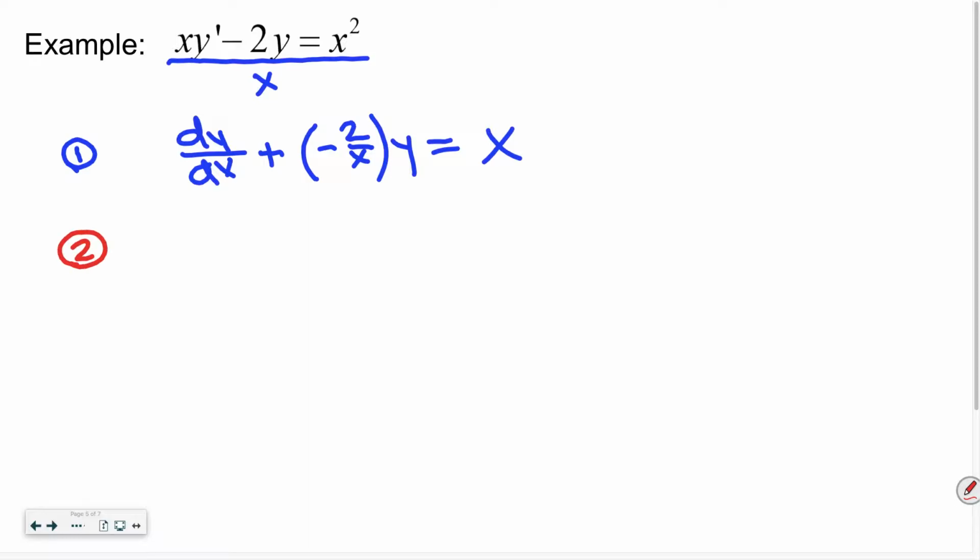Step number 2. We need u of x. u of x is e to the integral of p, which is negative 2 over x.